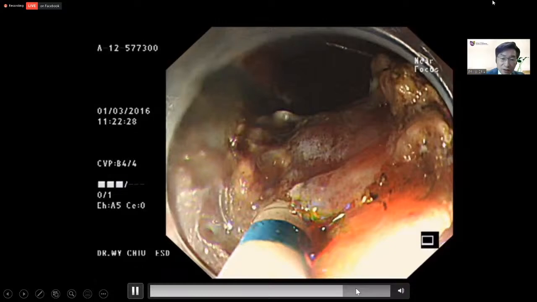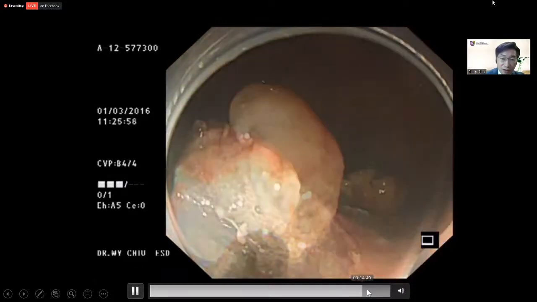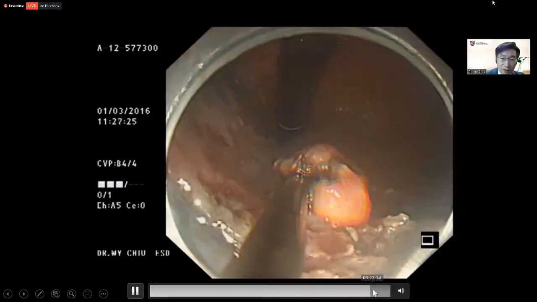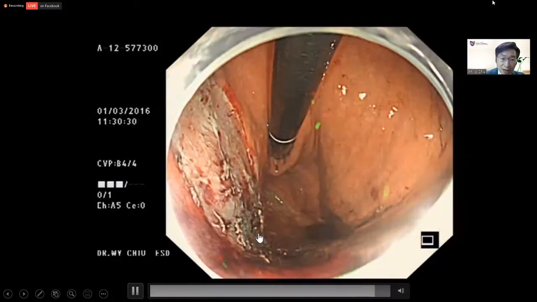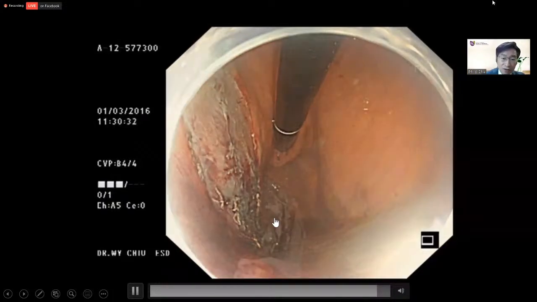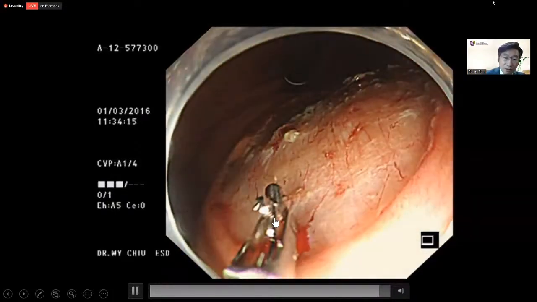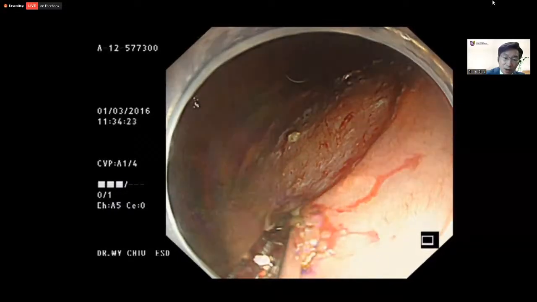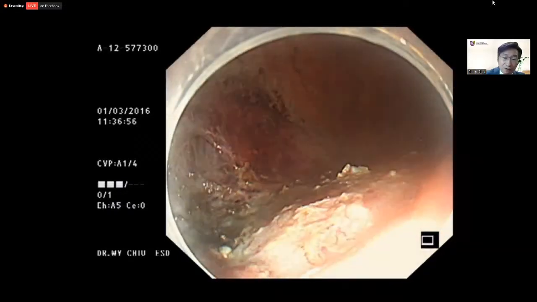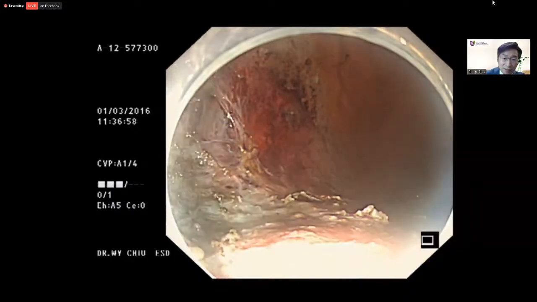This is the final part of the submucosal dissection. After completion of the dissection, we have to re-examine the area and confirm good hemostasis. So we would also use the coagulation grasper to coagulate any prominent vessel at the ESD site.